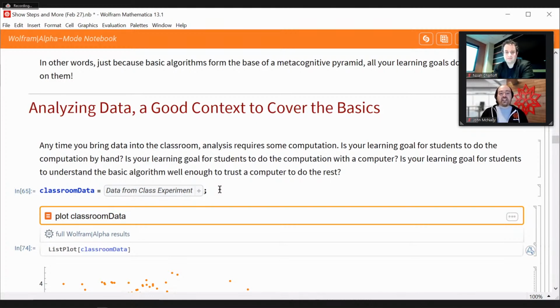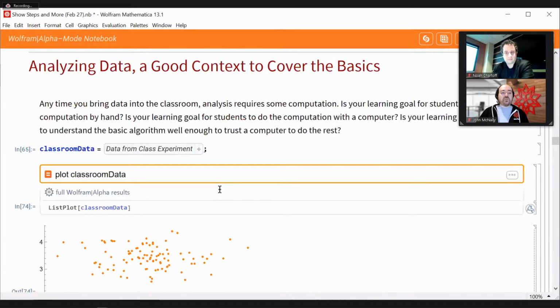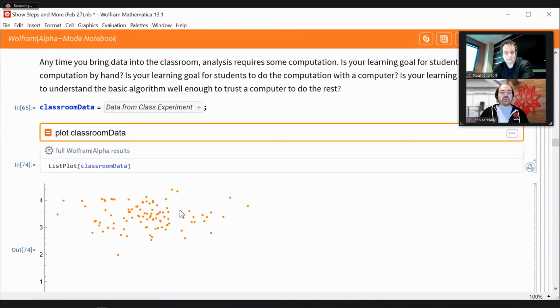So one is it allows students to draw more on those higher order problem solving skills and then motivate the algorithmic knowledge. But it also really makes it so that if this is your data set, this is a bunch of numbers.